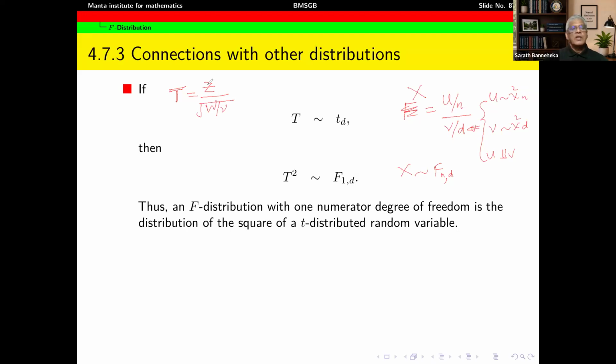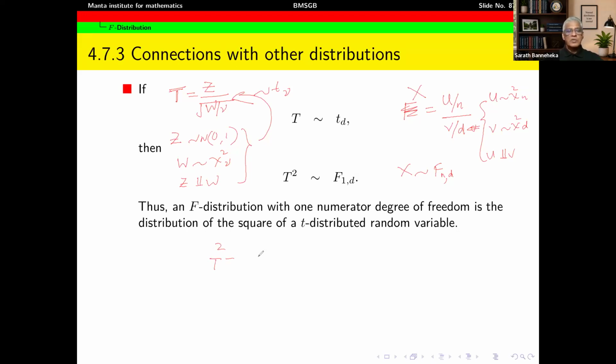If Z has a standard normal distribution and W has a chi-square nu distribution, and Z and W are independent, then this ratio has a T nu distribution.